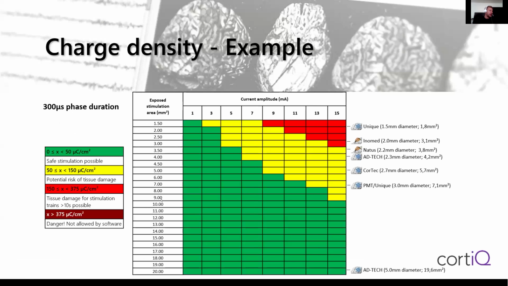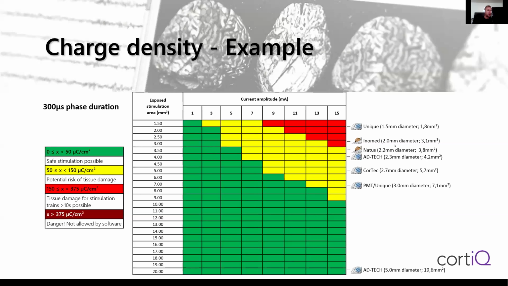To give you an understanding of what the charge density means, imagine a 300 microsecond phase duration. Here we see different sizes of electrodes from different manufacturers: Unique is a Japanese manufacturer, Inomed a German, Natus American, g.tec American, Cortec German, PMT American.